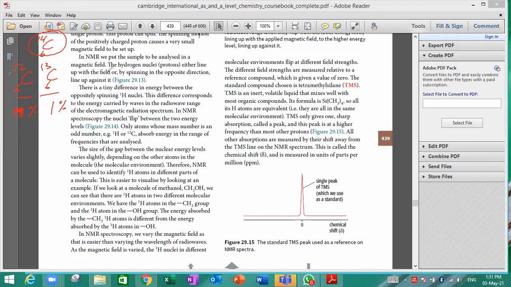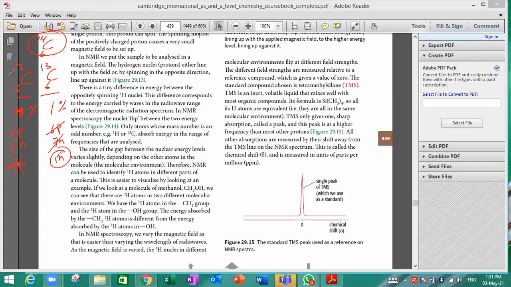So in carbon-12, we have 6 protons and 6 neutrons. They are even numbers, and we said that even numbers do not contribute to NMR spectroscopy. They must be an odd number. And in carbon-13, we have 7 neutrons. It means that 6 protons will pair with 6 of the neutrons, and we are left with only 1 neutron. That is an odd number, and this means that it can absorb and form an NMR spectrum.